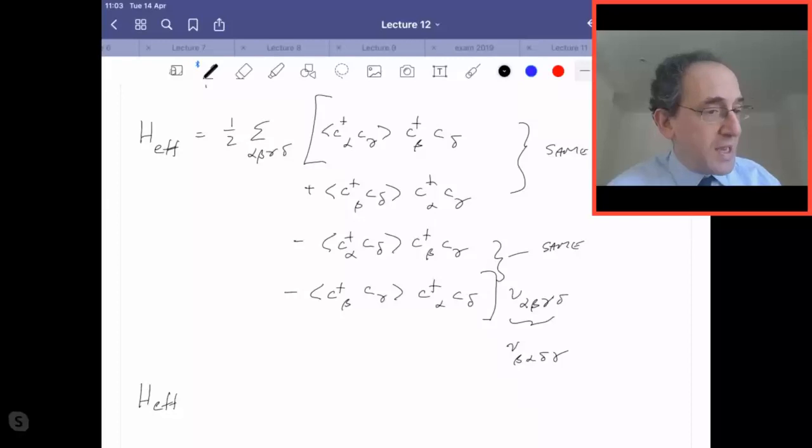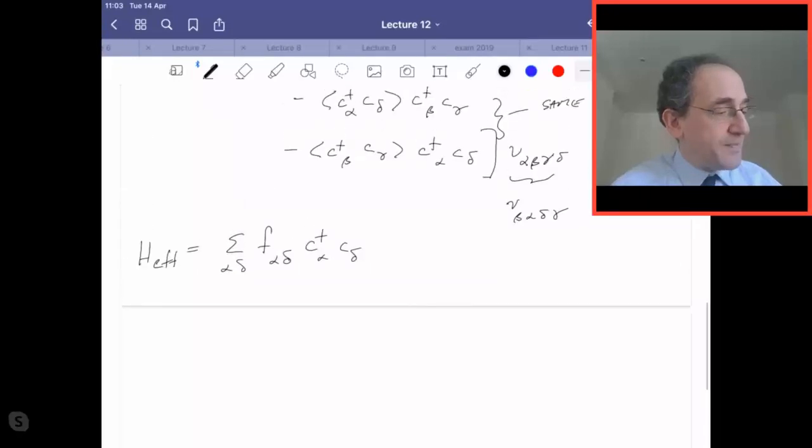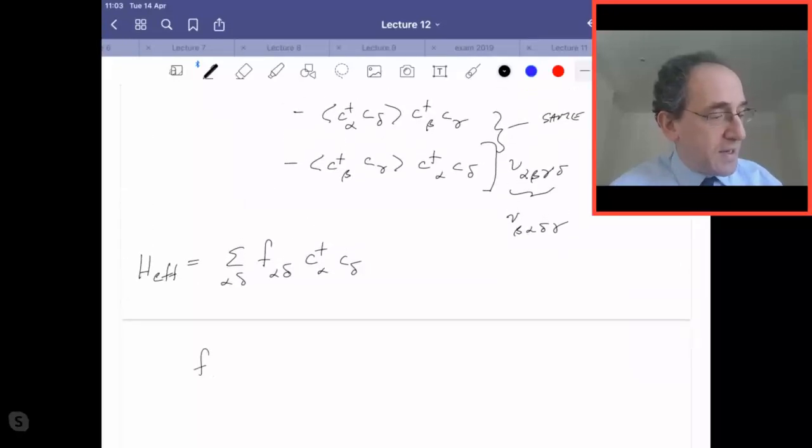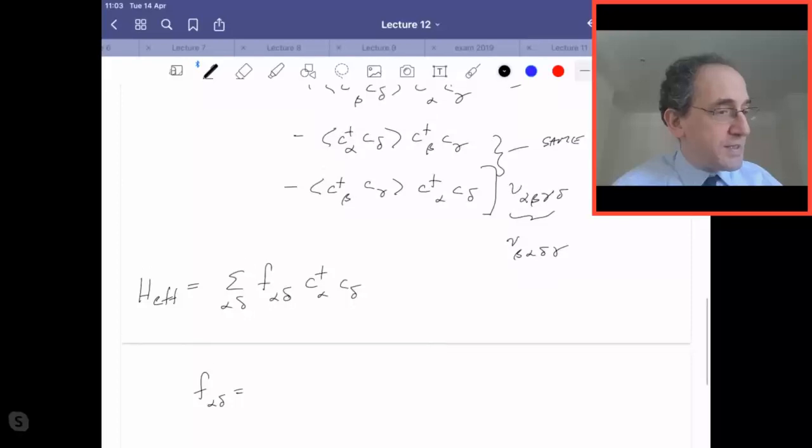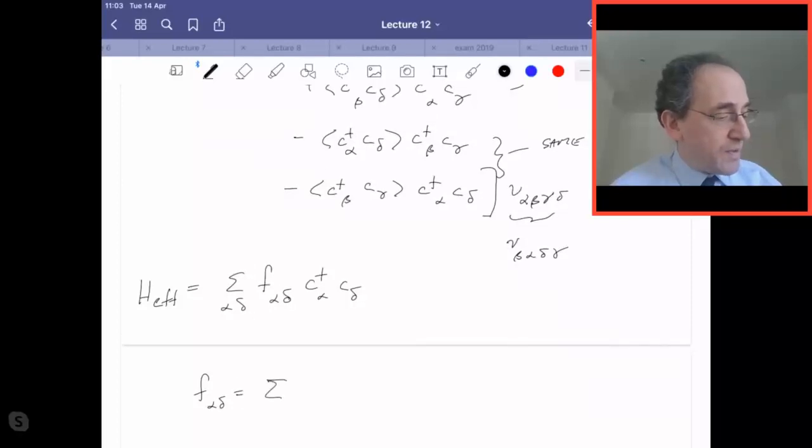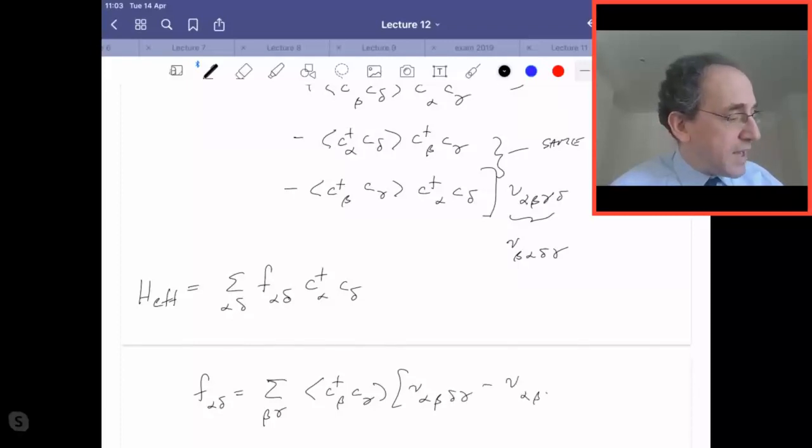The effective Hamiltonian I can write as a sum over alpha delta of F alpha delta C dagger alpha C delta, where this object F alpha delta is just the sum over beta gamma of the expectation of C dagger beta C gamma times V alpha beta delta gamma minus V alpha beta gamma delta.